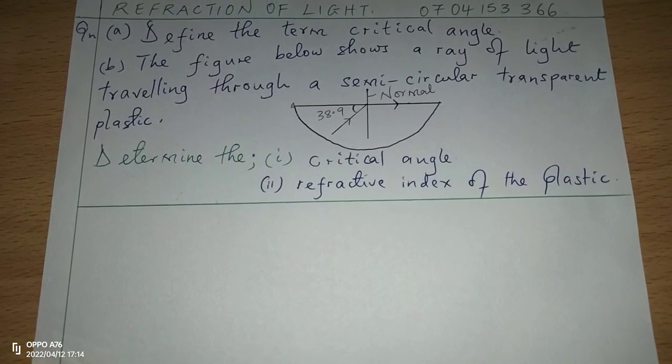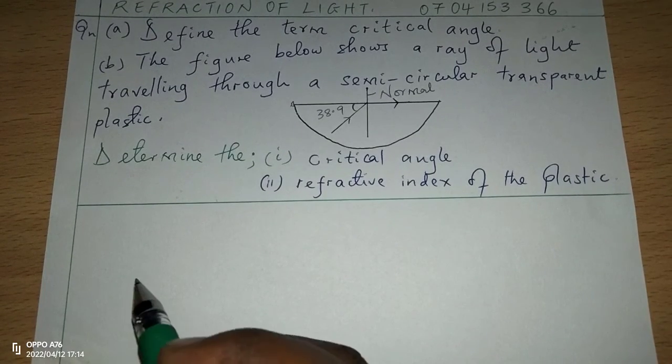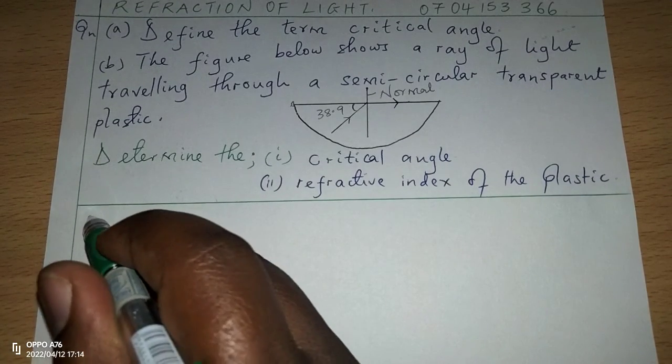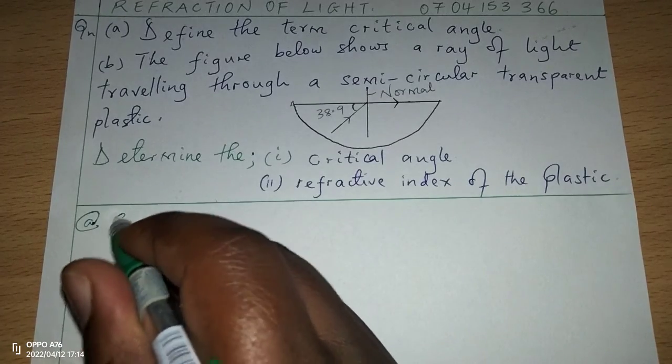We are going to look at refraction of light. The first question is telling us to define the term critical angle.